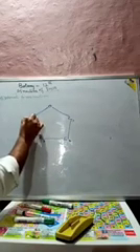If we draw the structure of this nucleotide, you will see this is carbon first, this is carbon second, this is carbon third, this is carbon fourth, and this is carbon 5.